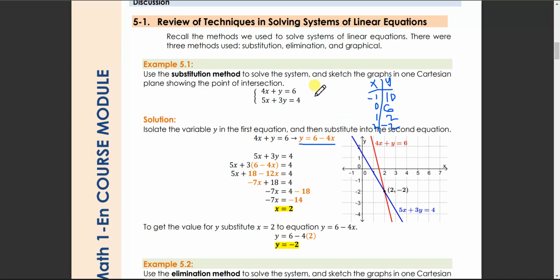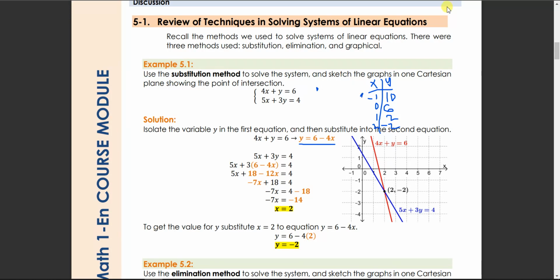So this point is far from your x, on your line. If x is 0, y is 6. 0, 1, 2, 3, 4.